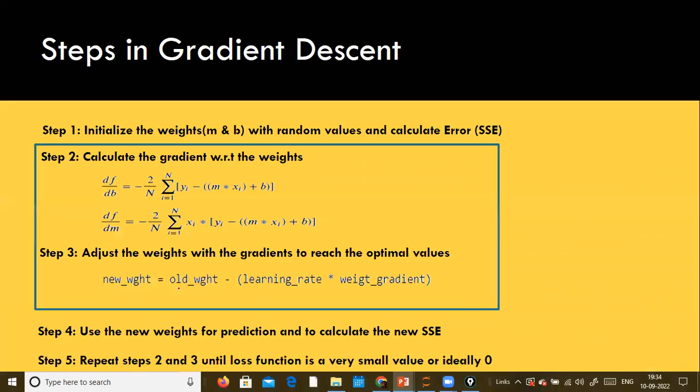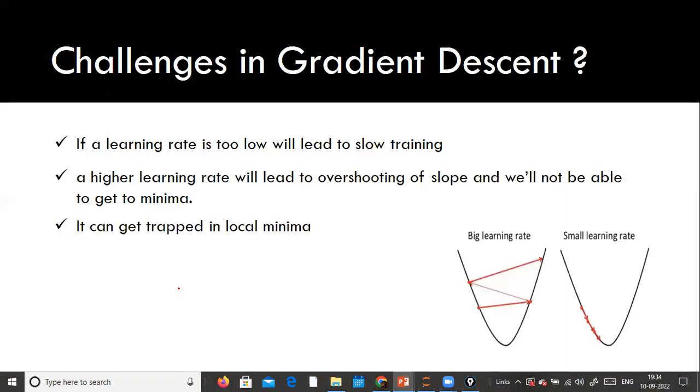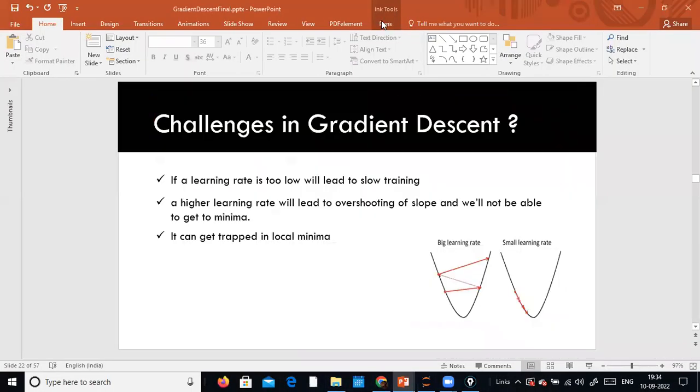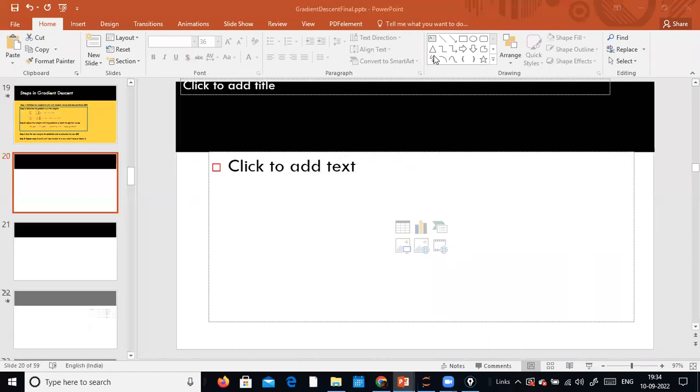Okay, so what we do is we take the partial derivative on the data. Let me write it down here.